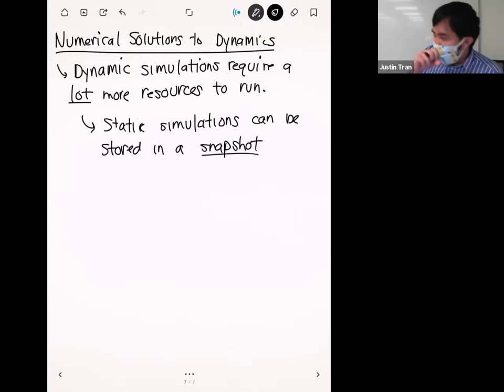Okay. In other words, you perform the finite element simulation once, and then you take a snapshot of the results, and then you're done. And so that's it for static. Okay?